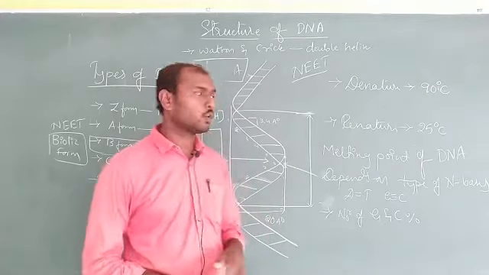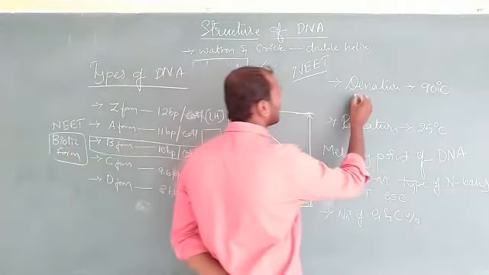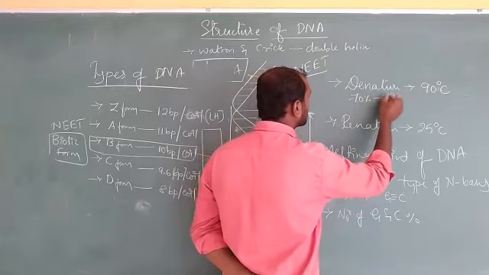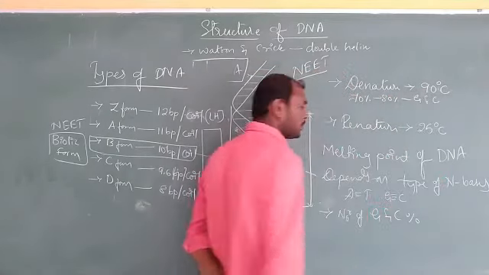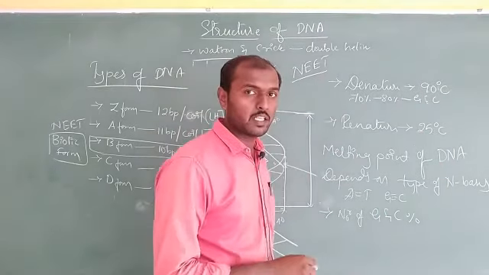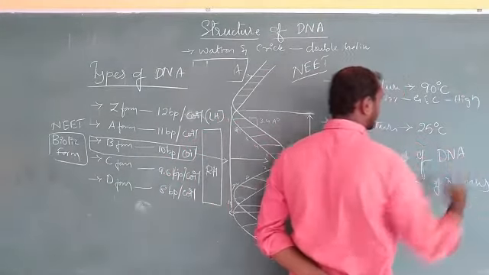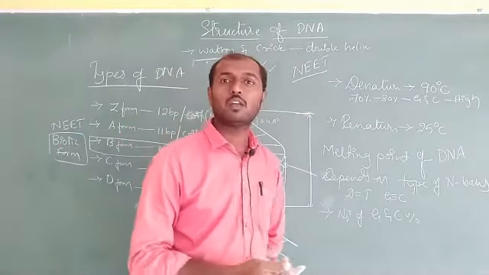For example, if a DNA has about 70 to 80% G-C ratio compared to A and T, then it has a high melting point.